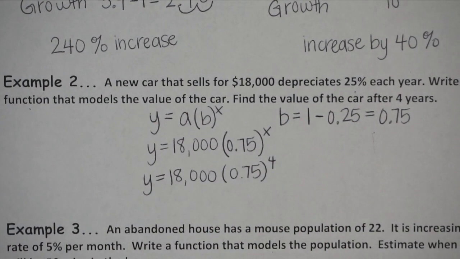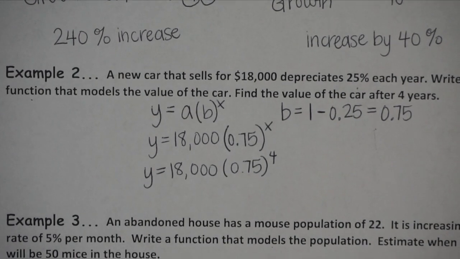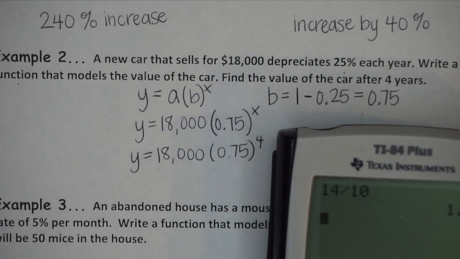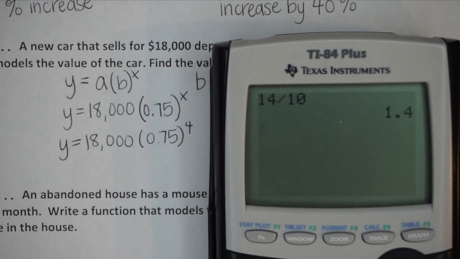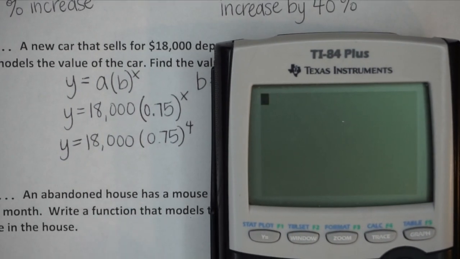We've got 0.75 to the 4th power. That's the first thing you're going to plug in the calculator. Remember, in PEMDAS, parentheses and exponents come first. So I would do 0.75, and I'm going to press the little caret key so that I can do an exponent power of 4.